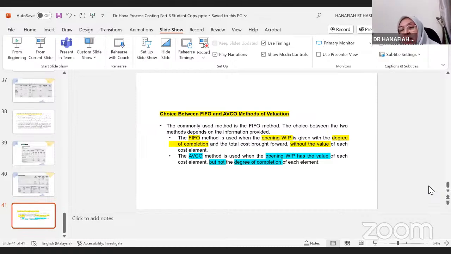All right, in calculating the work in progress, whether you want to use the previous one to be out first, okay, in terms of the figures, these figures are for you to calculate the cost.